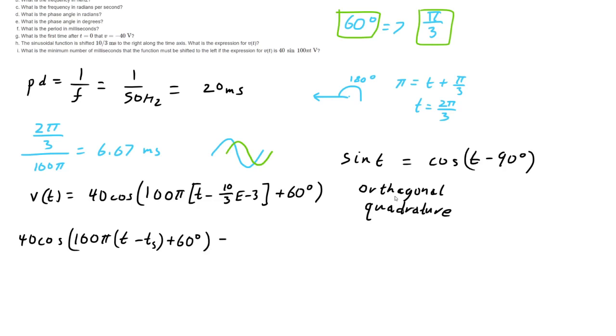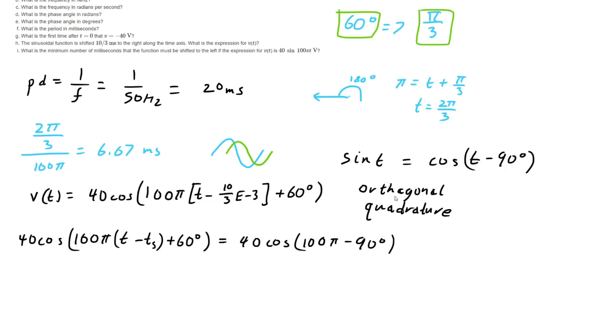It's going to equal 40 sine of 100 pi t. So we're going to do 40 cosine of 100 pi t minus 90 degrees.